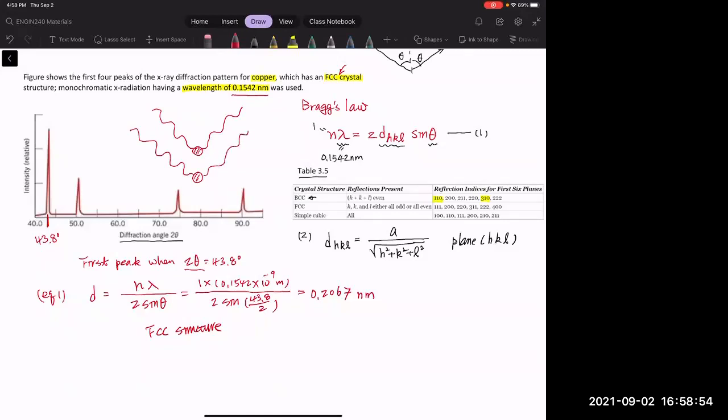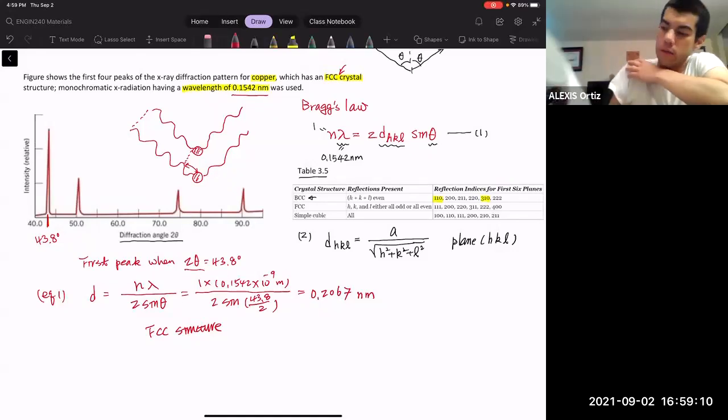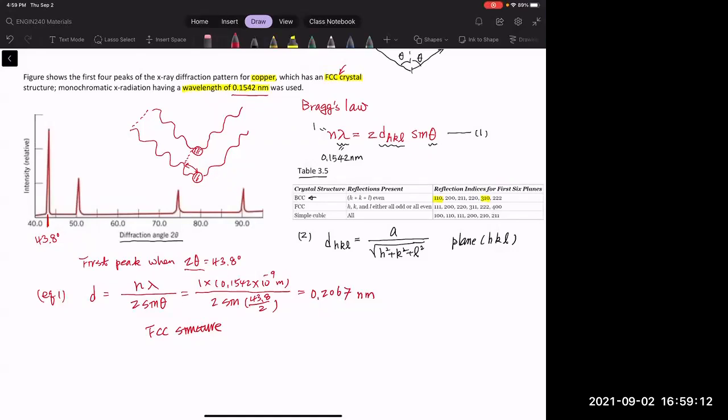And if the distance of these two wavelengths, which is this much, is simply equal to an integer of the wavelengths of the X-ray, then they will have constructive interference. That means they are in phase. Yeah, so this is different from the number of the atom. This is the integer of the difference of the wave of these two beams.